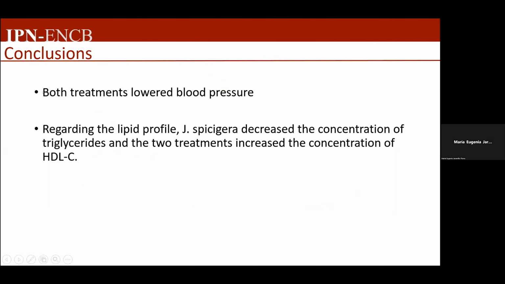The conclusions are that both treatments lower blood pressure, and regarding the lipid profile, Justicia spicigera decreases the concentration of triglycerides, and the two treatments increase the concentration of HDL cholesterol.